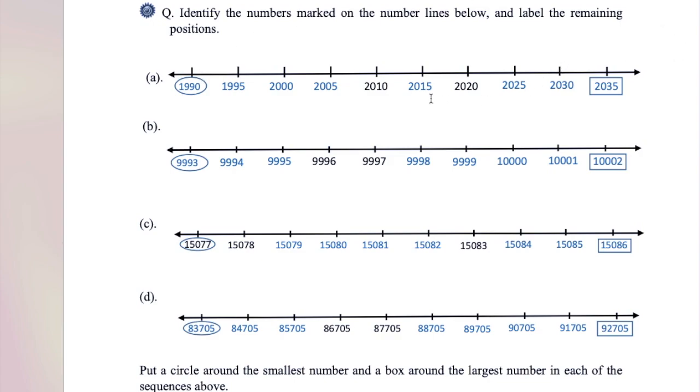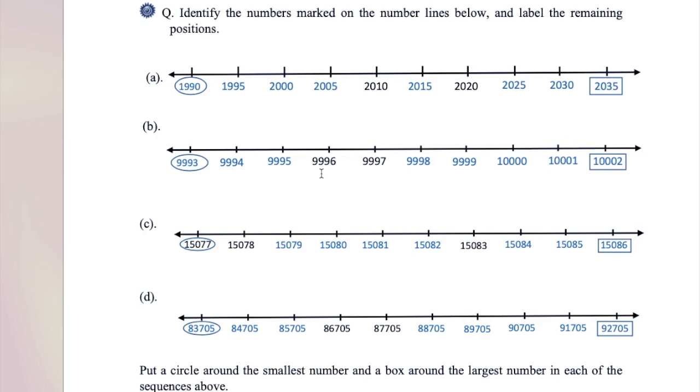So the second question, these two numbers were given, 9996, 9997. So it's simple counting, just the successor of each number. After 9997, it will be 9998, 9999, then the successor is 10,000, 10,001, 10,002.